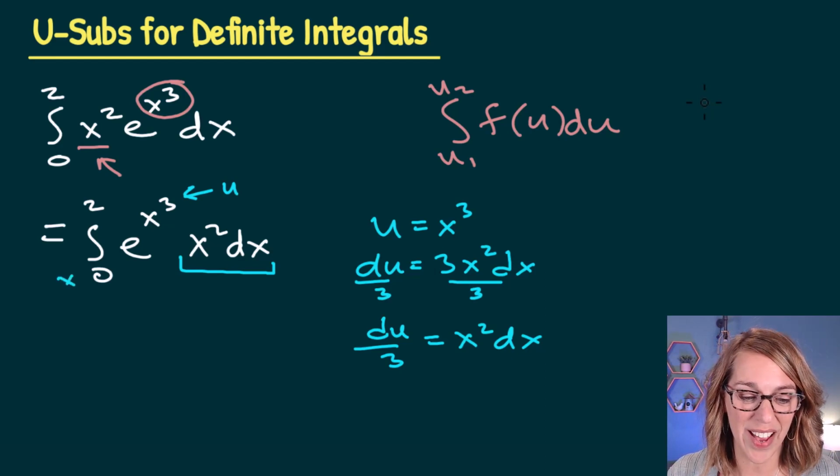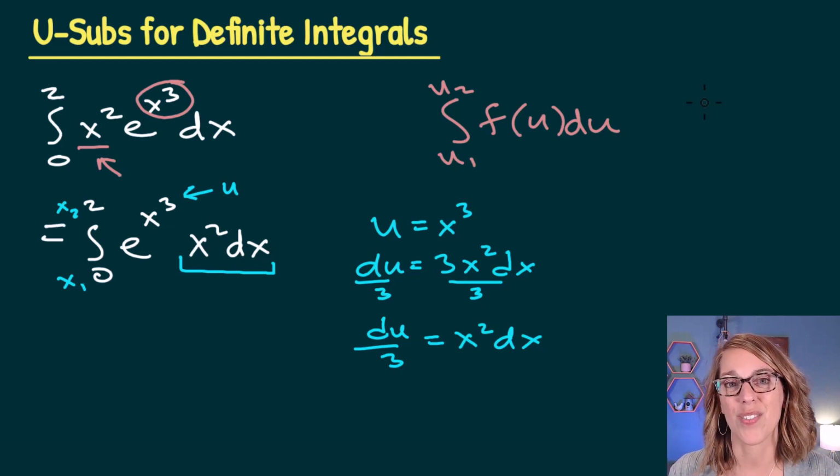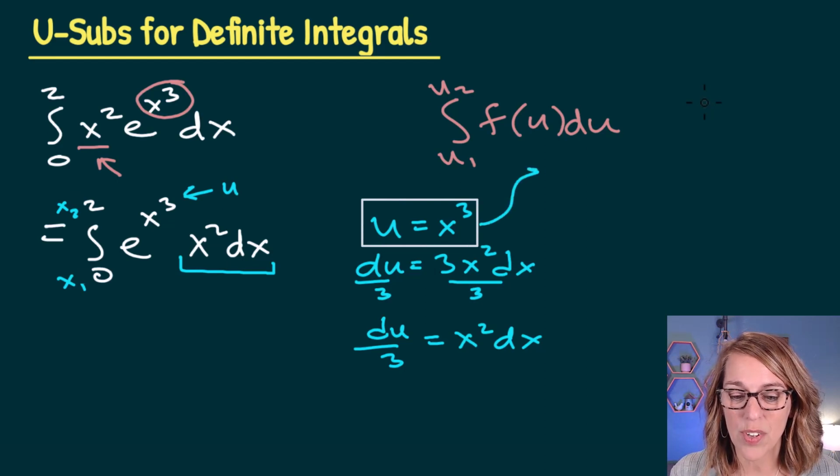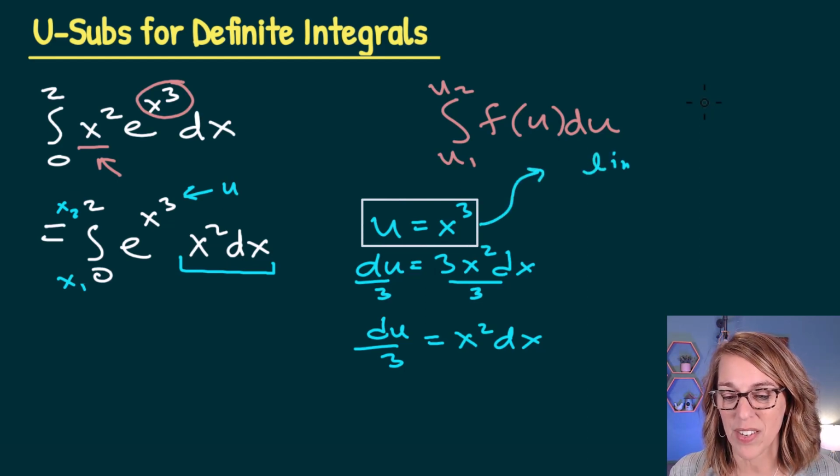What I don't have replaced yet are the limits of integration. So x1 and x2 right now are 0 and 2. Let's go ahead and use our definition of u to replace the limits of integration.